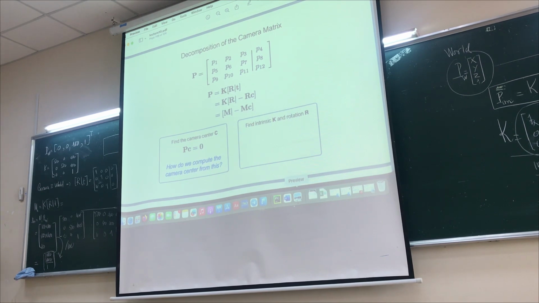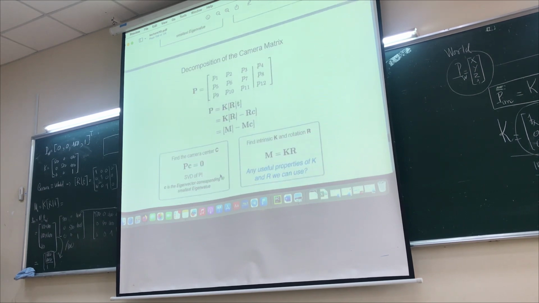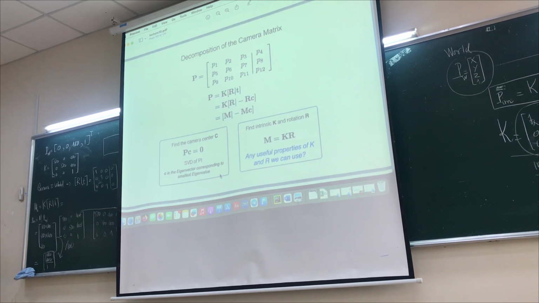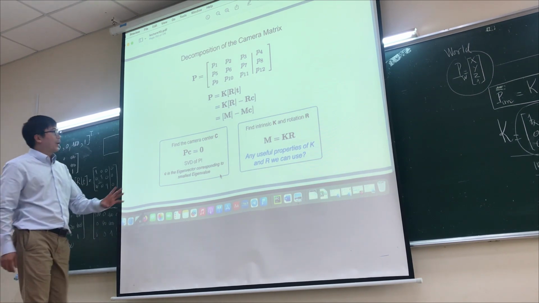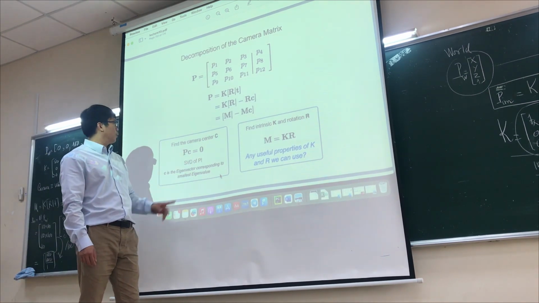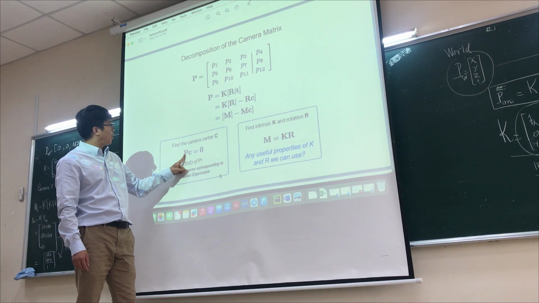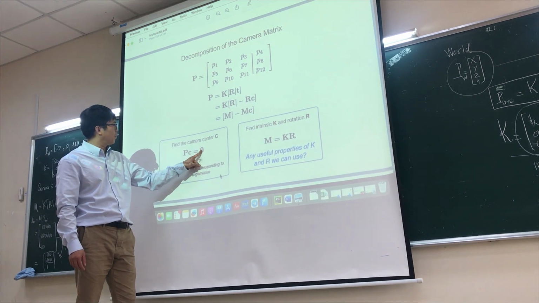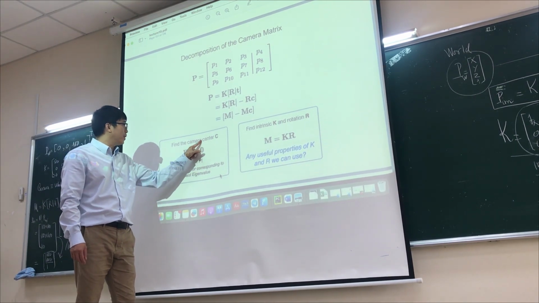Because it's the camera center, the point at the center, that's why the result is 0. Get it? So okay, easy. Now you have to put in what it is: here is the matrix, here is the vector, here is 0. This equation is very well known now.